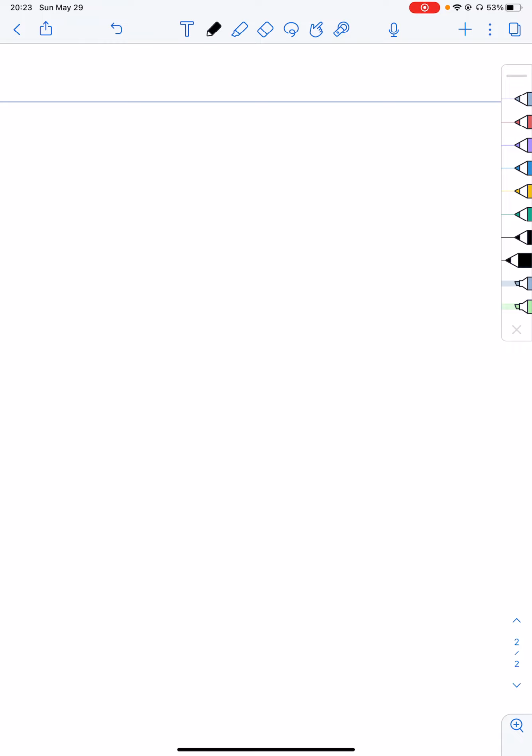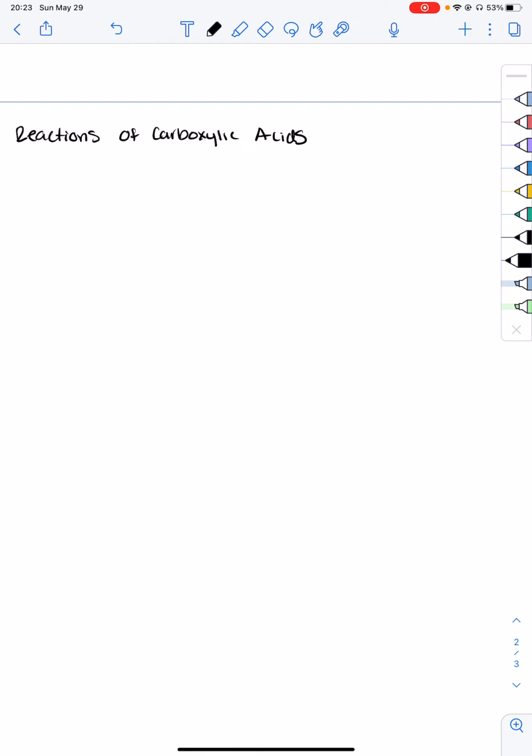So let's go ahead and move on to some reactions of carboxylic acids. Carboxylic acids undergo reactions to produce derivatives of an acid.